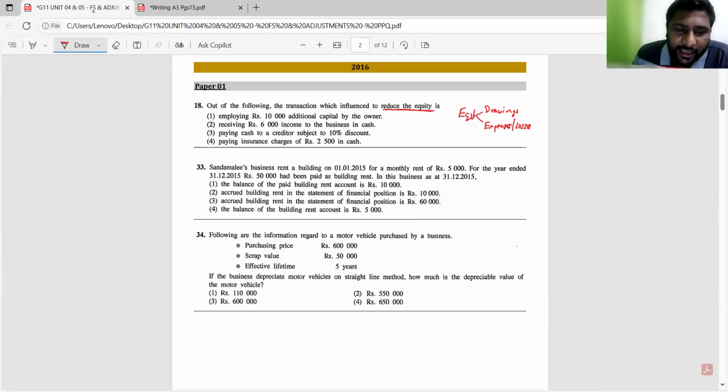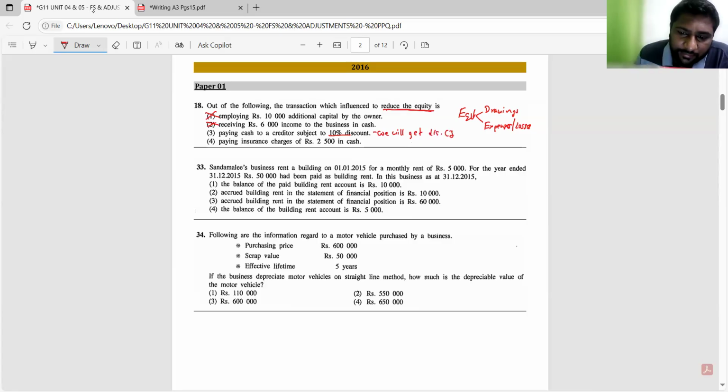So this is additional capital. Additional capital will increase the equity. Paying to creditors subject to a 10% discount. When you are paying to creditors, we will get a discount.